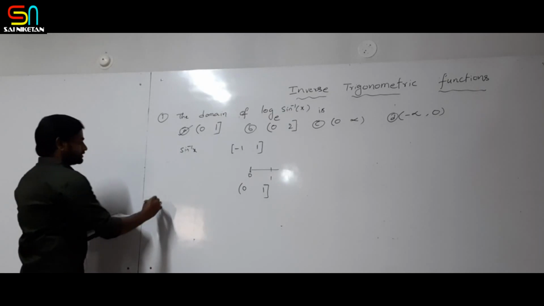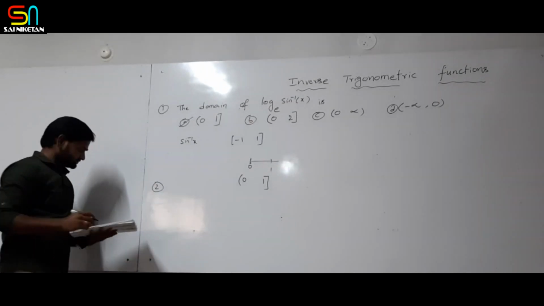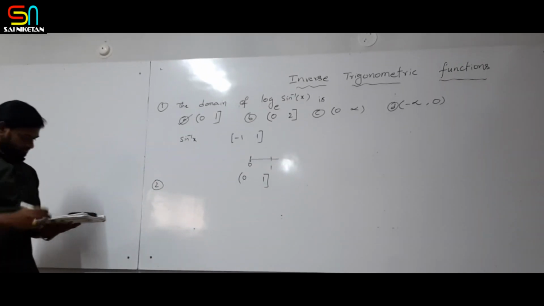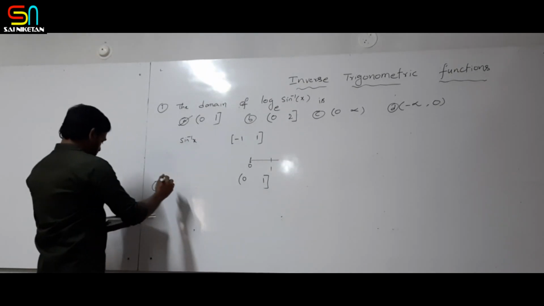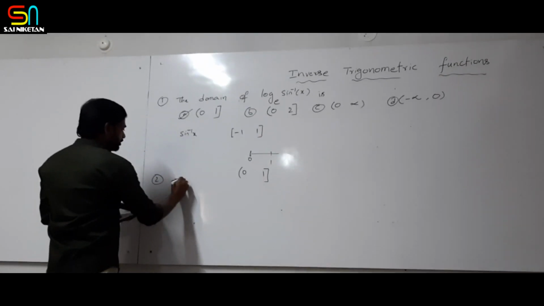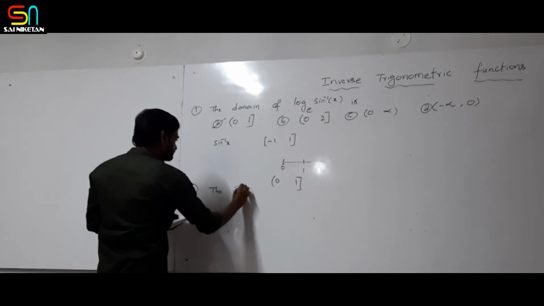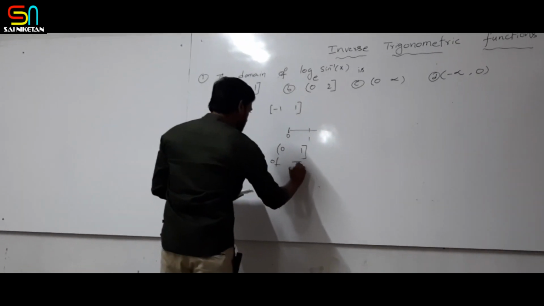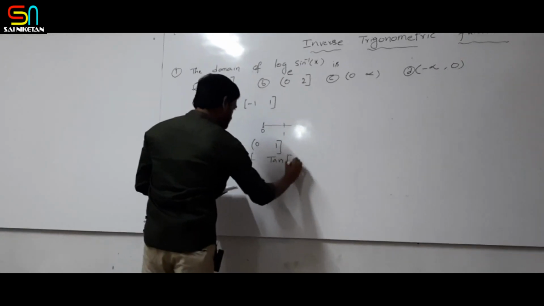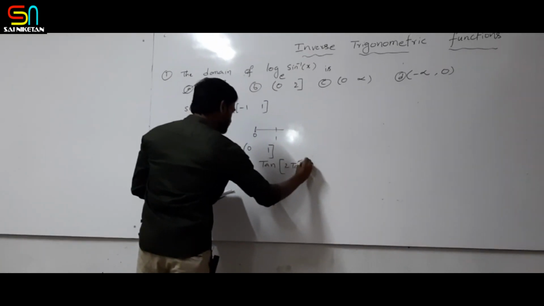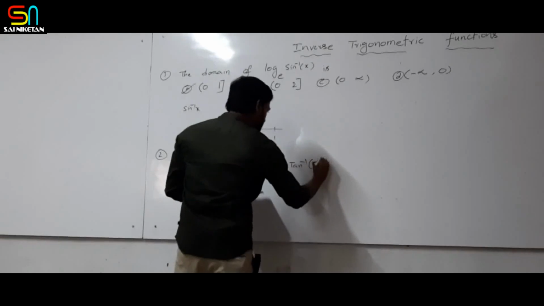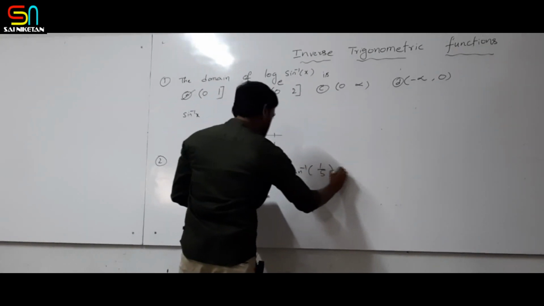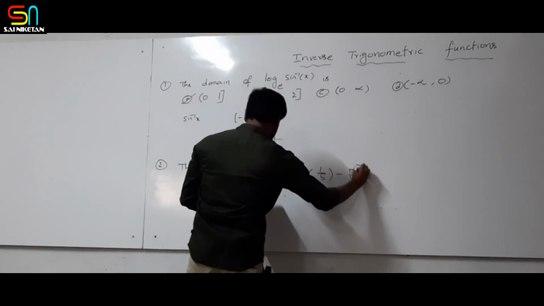Okay? Now, the second problem is the value of tan of 2 tan inverse 1 by 5 minus pi by 4.